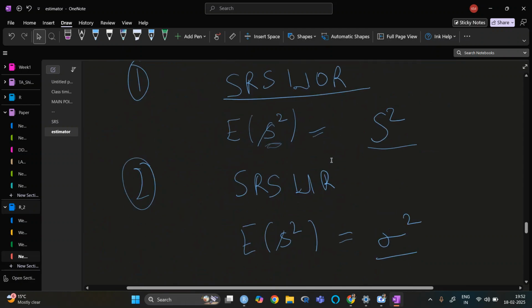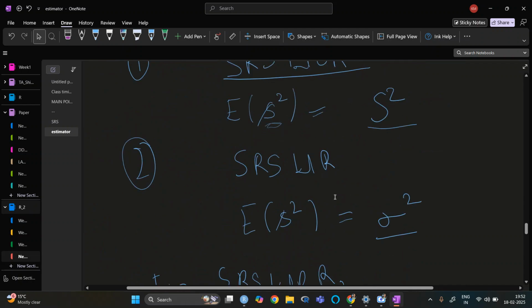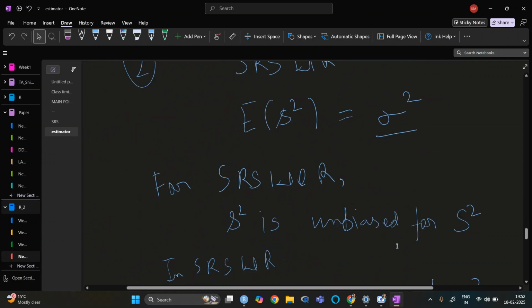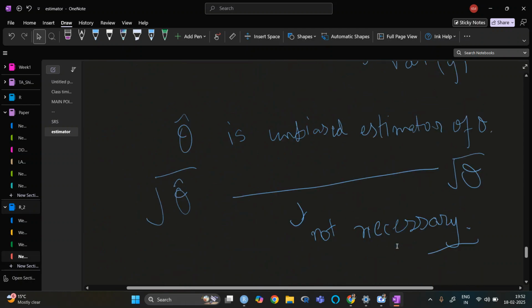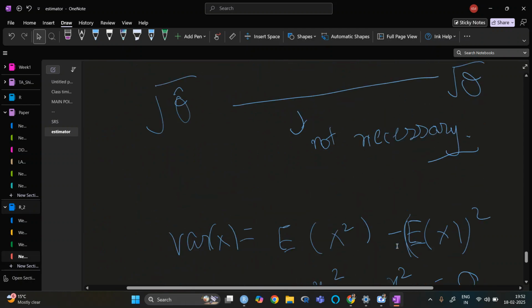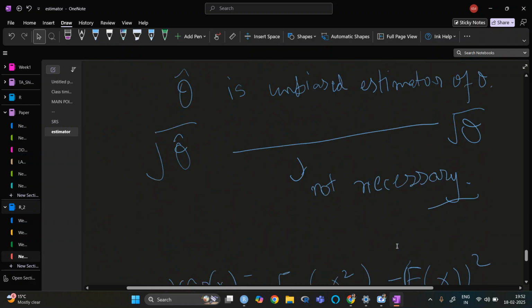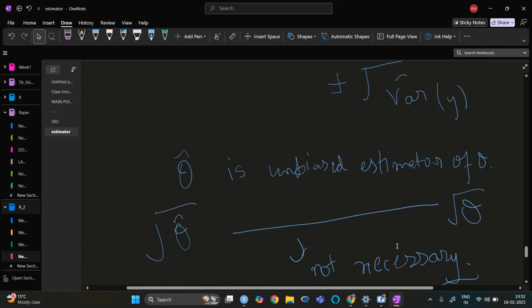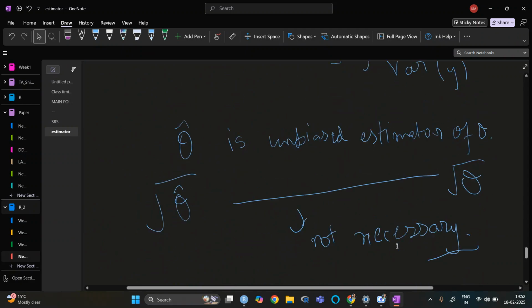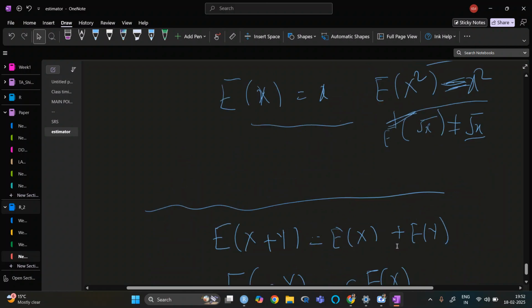For S square, the unbiased estimator is small s square in the case of without replacement. However, for with replacement, it is an unbiased estimator for sigma square, not for S square. And then we have seen what a standard error is, and how it is not an unbiased estimator for the standard error of the real population.